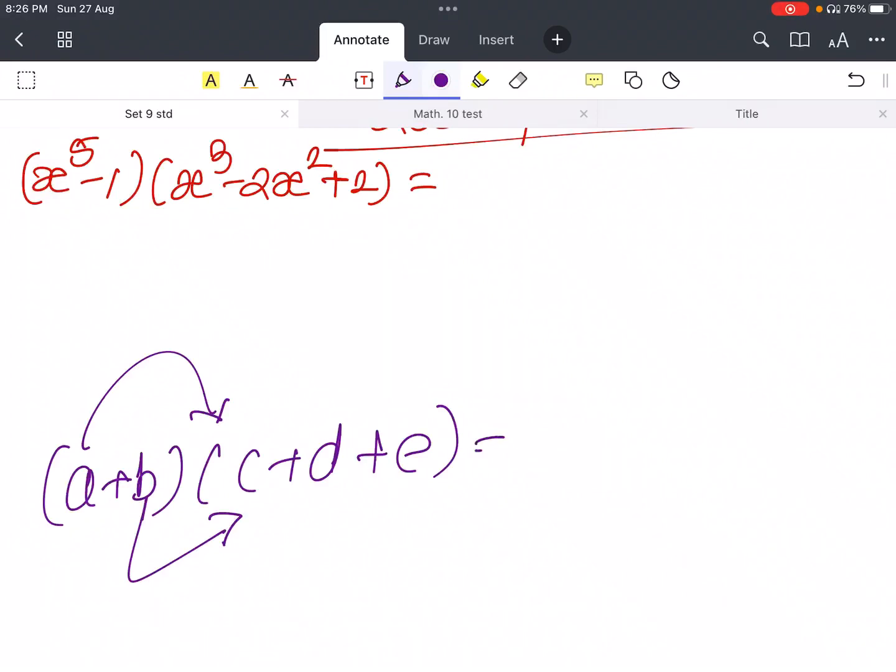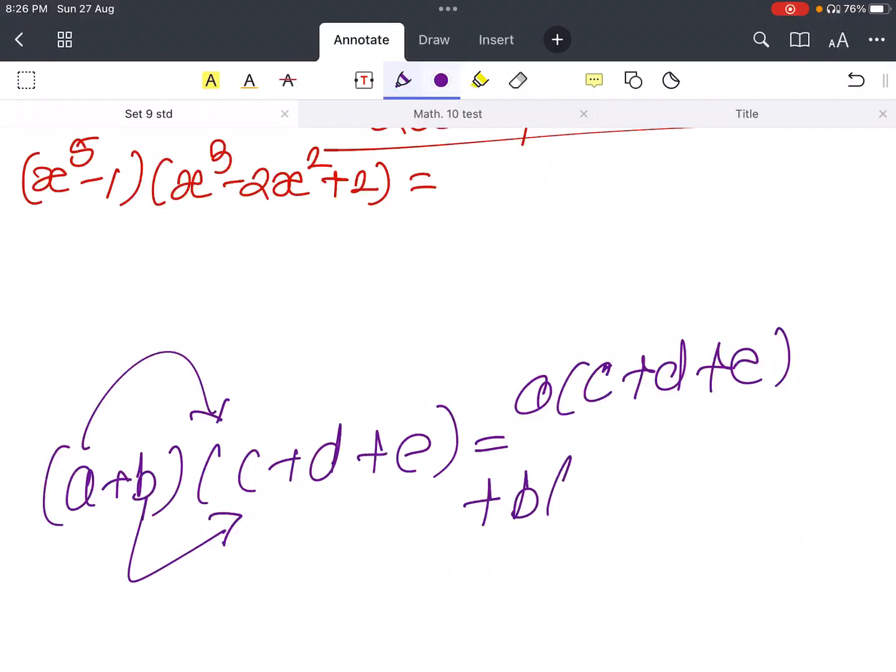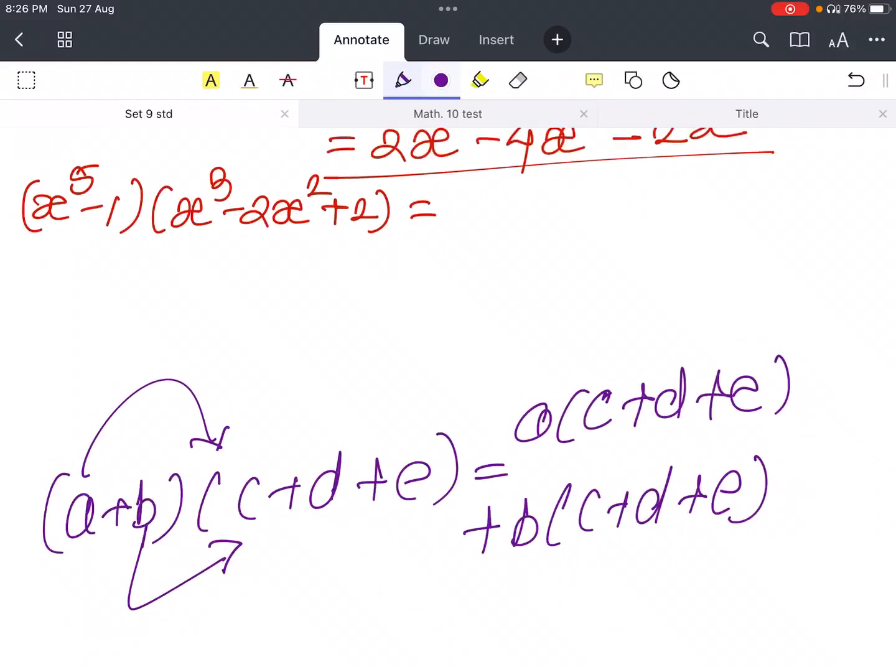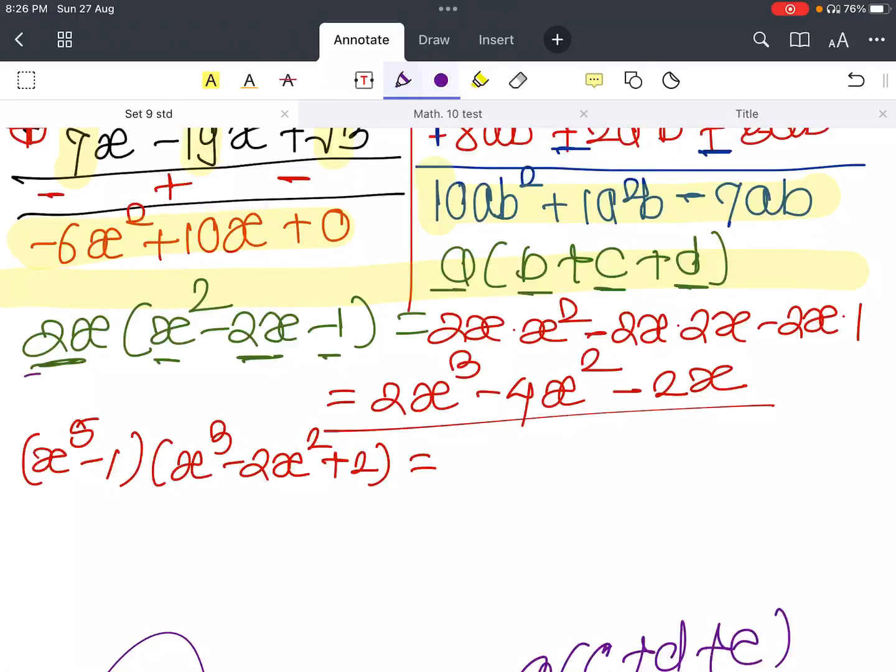So we are using this formula: a into c plus d plus e, plus b into c plus d plus e. Clear? This means we have to repeat the operation two times to solve this equation.